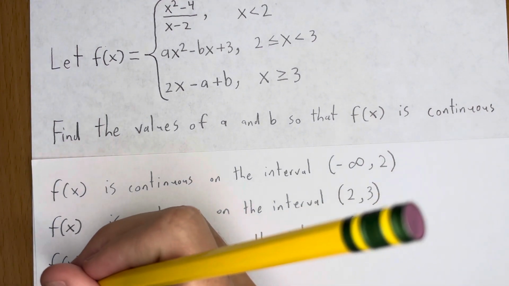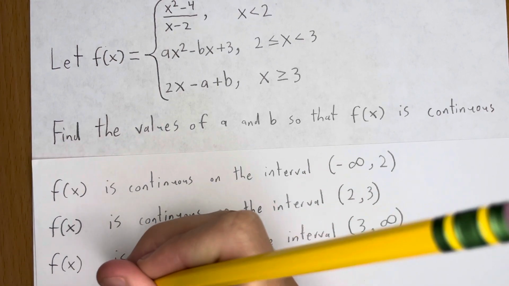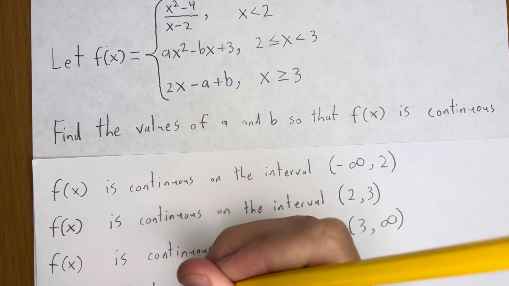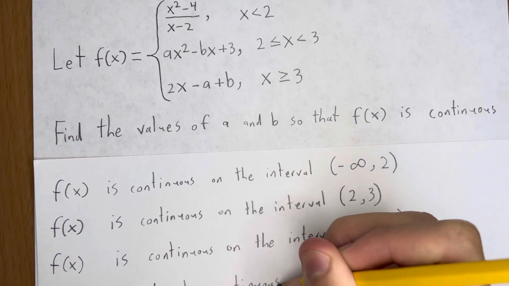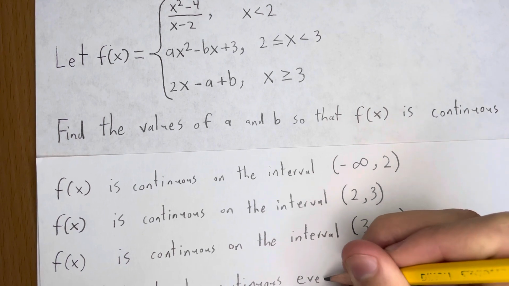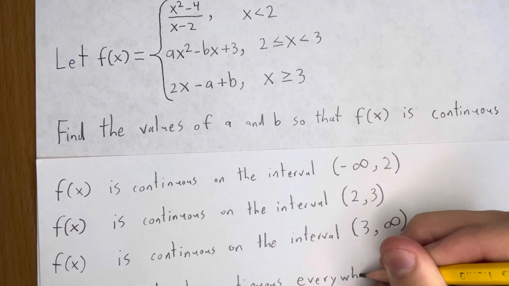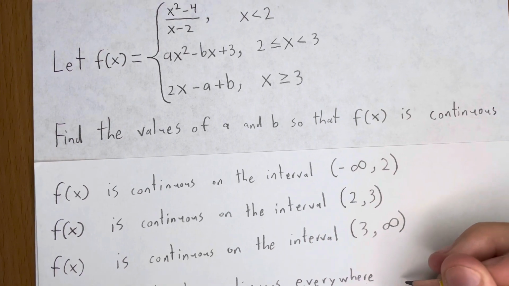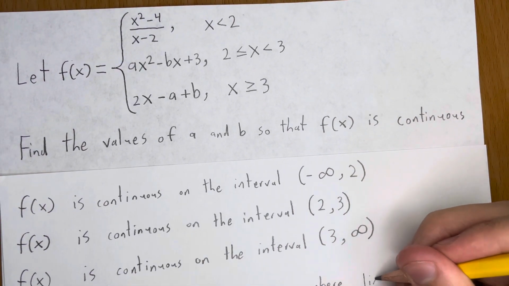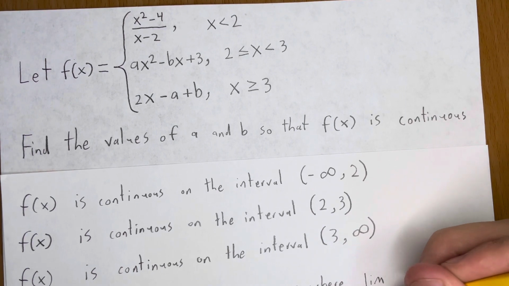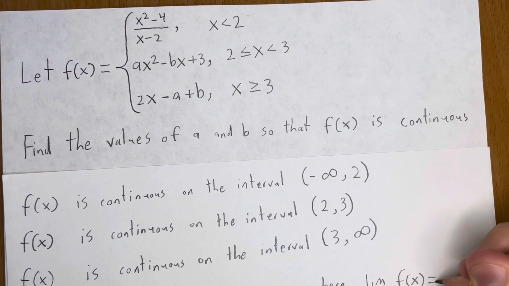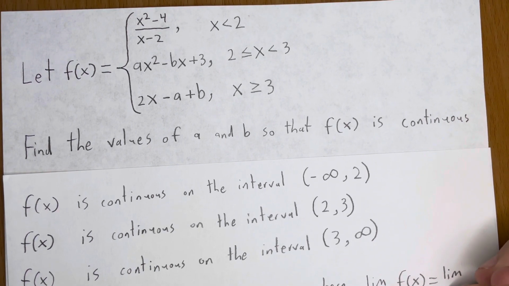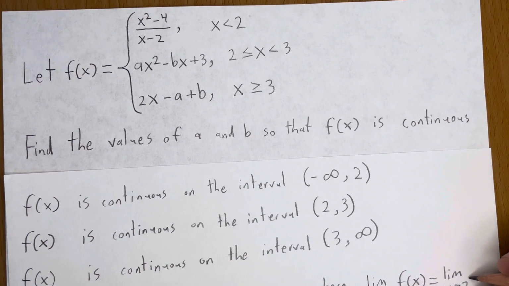So for f of x to be continuous everywhere, the limit as x goes to 2 negative of f of x is equal to the limit as x goes to 2 positive of f of x.